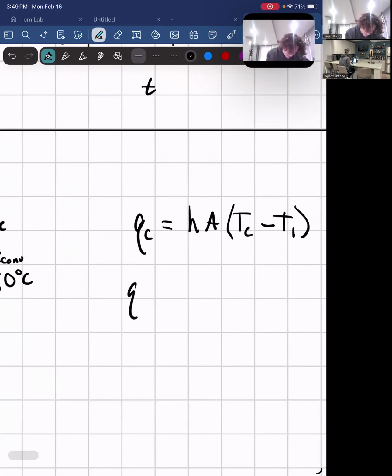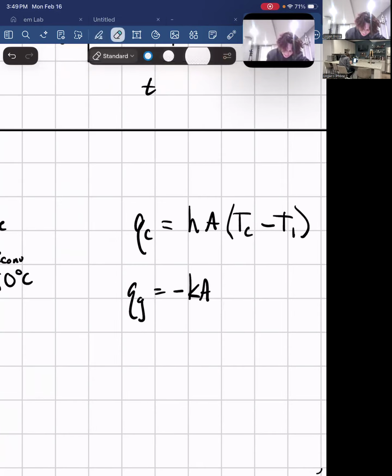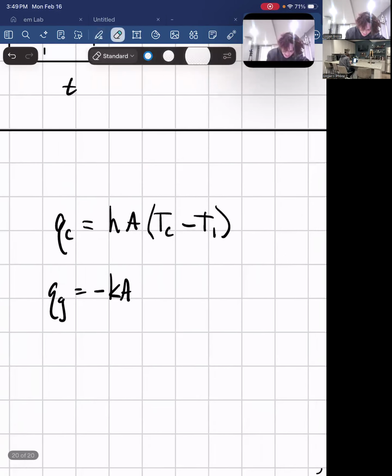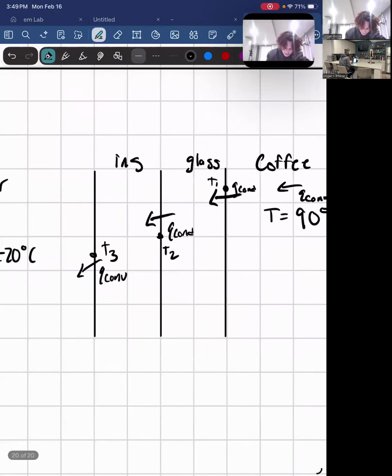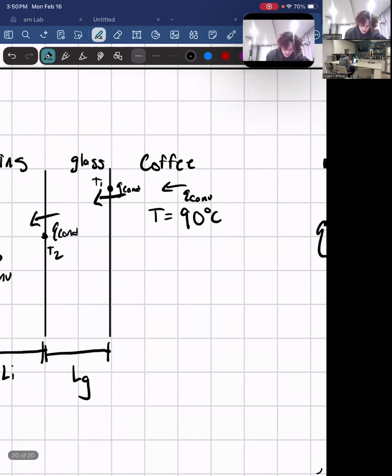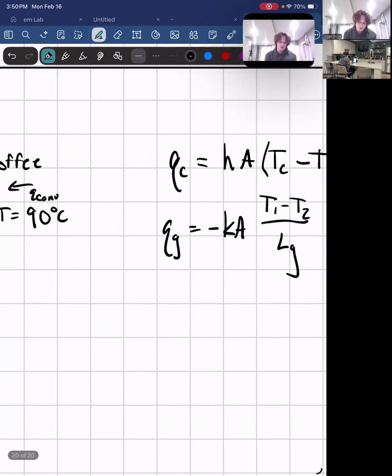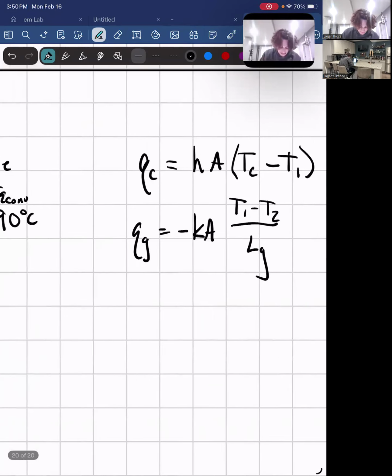Now we have our Q over glass, which is going to be minus Ka times T1 minus T2 over the length of our glass, and that is going to be this length here. This is LG, this is LI. So that's how the heat changes through the glass.